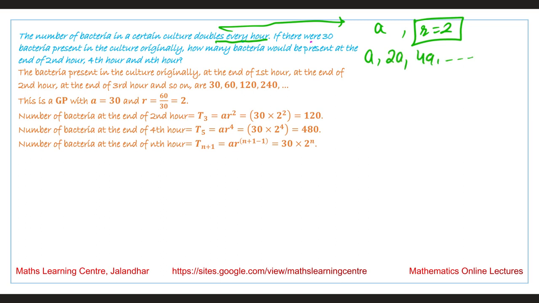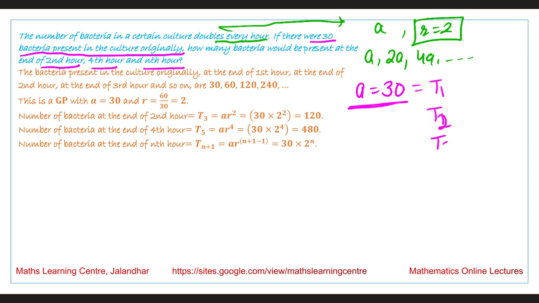Next, if there were 30 bacteria present in the culture originally, it means the value of A is 30. How many bacteria would be present at the end of the second, fourth, and nth hour? So this A equal to 30 is the initial value, then after 1 hour, then after 2 hours.